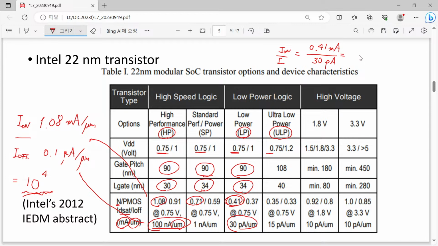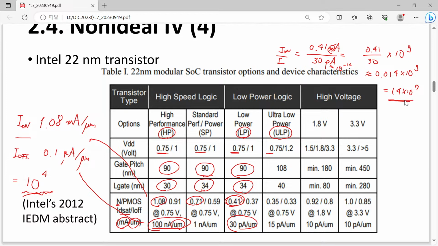So in this case, this is 10 to the minus 12, and this is 10 to the minus 3. So we have 10 to the 9 times 41 over 30. So we can have more or less this number for 10 to the 9. So you can immediately find that the number is corresponding to about 10 to the 7.